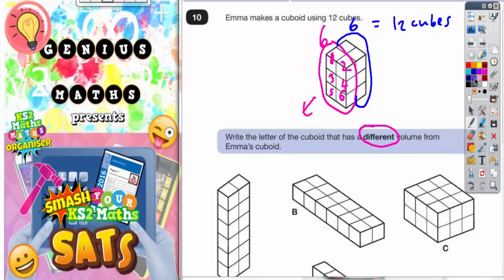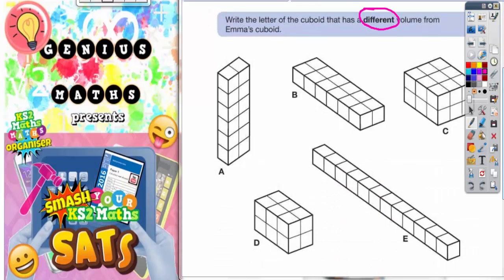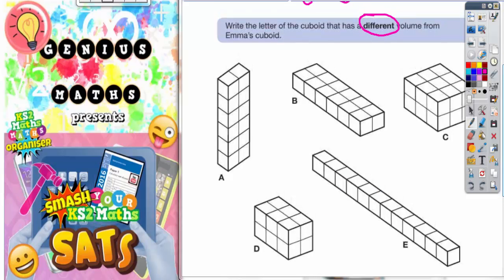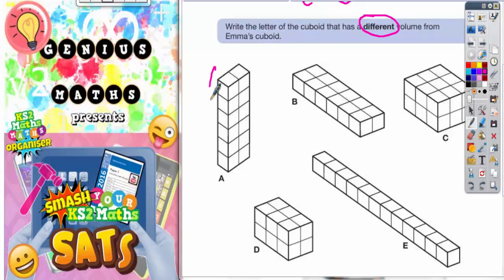Okay, now we're going to do a similar approach on the cubes down here. And we know that 4 of them are also going to be 12. So let's have a look. So around the front face, we've got 1, 2, 3, 4, 5, 6. So around the back face is also going to be 6. So 6 plus 6, that makes 12.